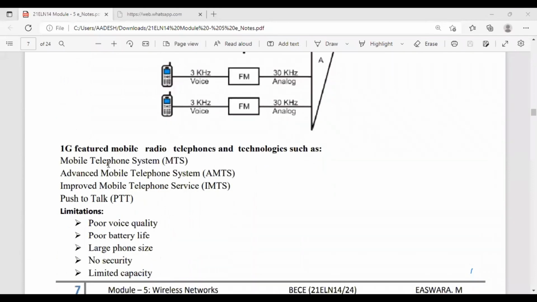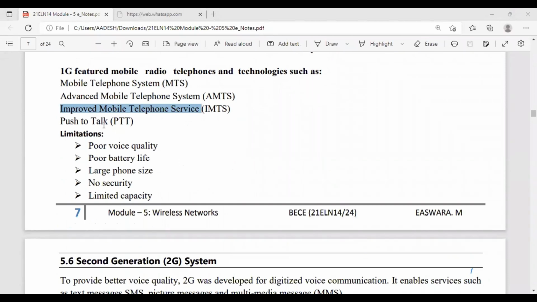So 1G is also called MTS, AMTS, IMTS, and PTT. MTS means mobile telephone system, advanced mobile telephone system, improved mobile telephone service, push to talk.